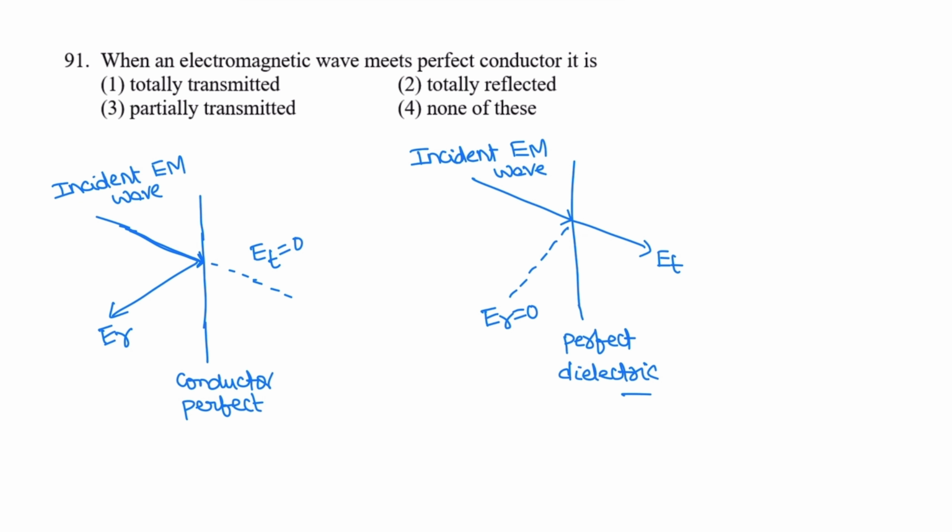But the entire signal is reflected if it is a perfect conductor, and the transmitted component is 0. So the correct option is 2, completely reflected when it meets a perfect conductor.